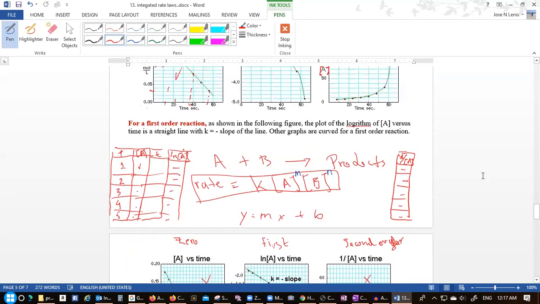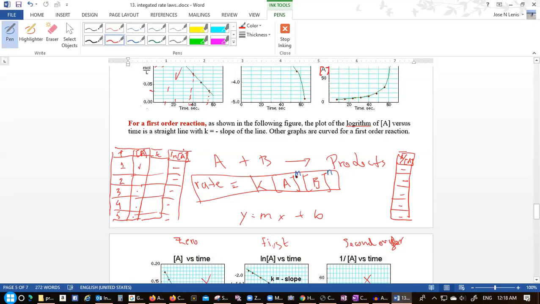But remember, your reaction has two or three or four reactants, A plus B in this case, A plus B and C. So you need to do the analysis for every reactant to find the order of every reactant. Right? A similar situation you can do for B. In your rate law, this can be 0 and this can be 1.